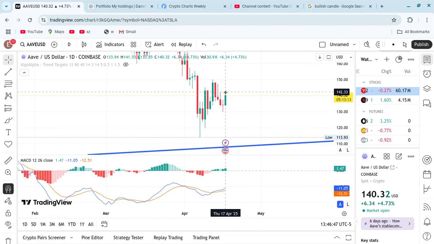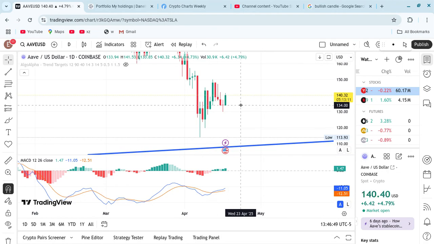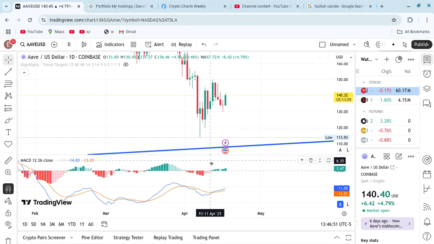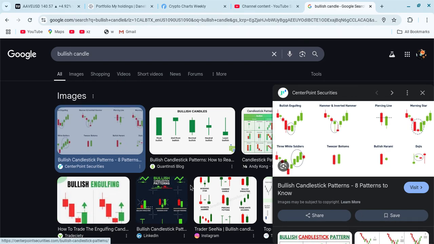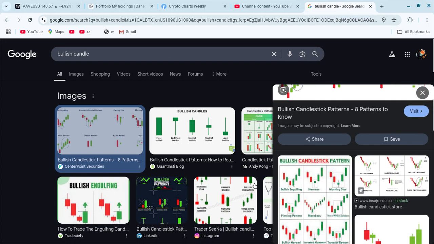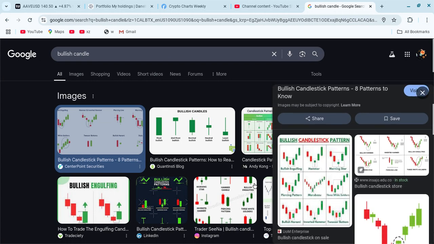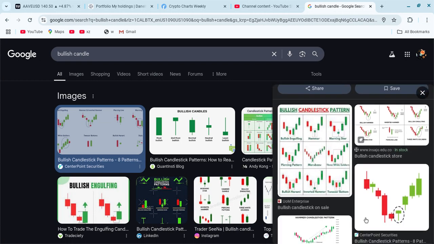So remember, if we close today around 140 and open another candle, this one is going to be one of the bullish ones, and I'll tell you what the next target is. Let's see if we have another bullish candle we might be looking for.